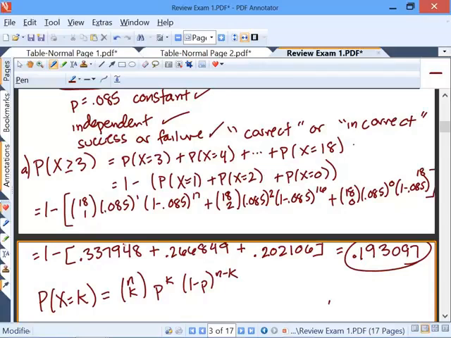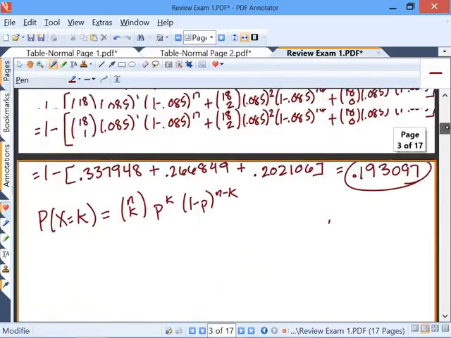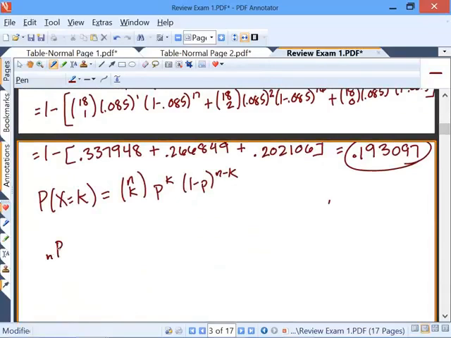Like, what's the difference between NCR and NPR? When using the calculator, we have NPR and NCR. Anyone want to answer that question? Order matters, right?